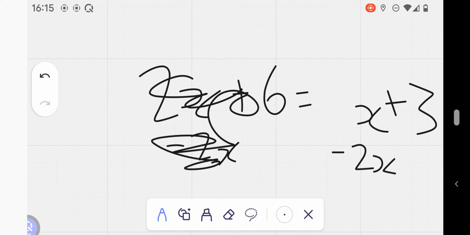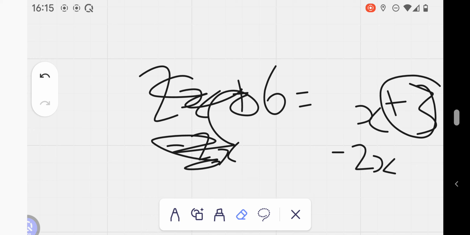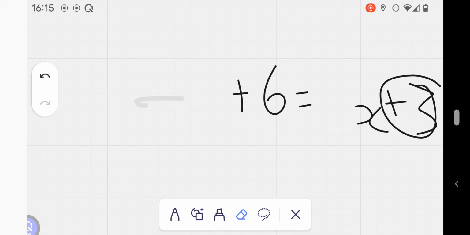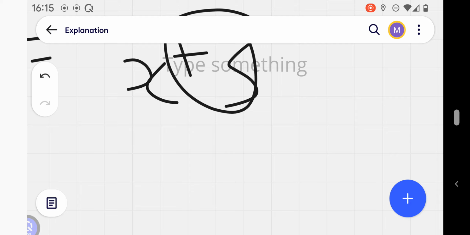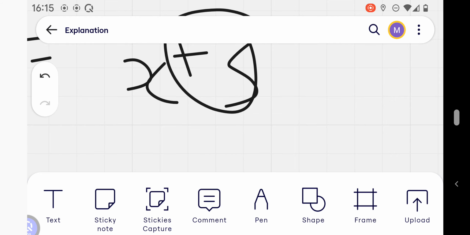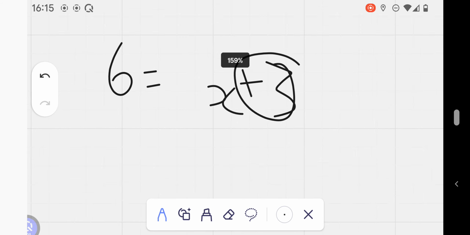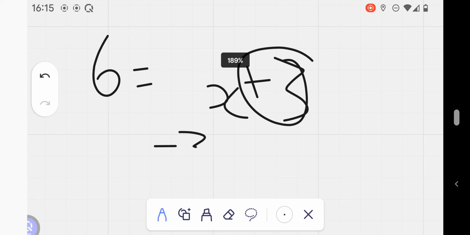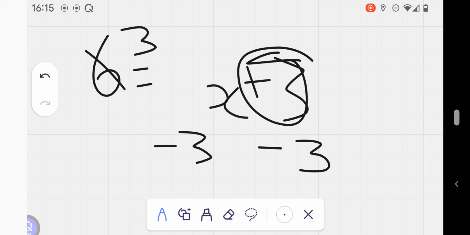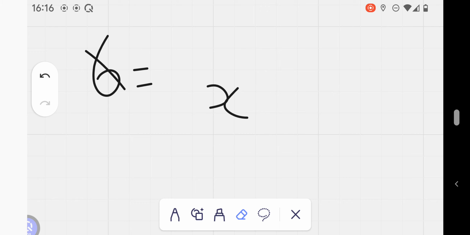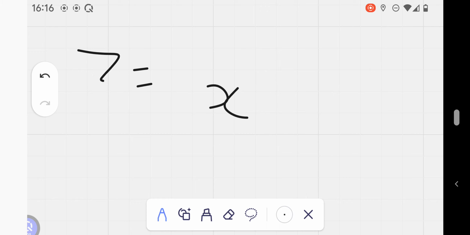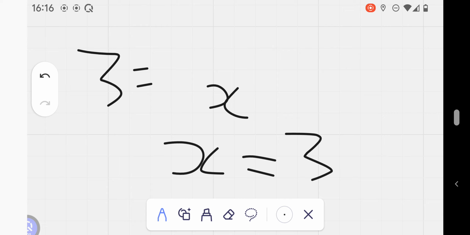Now we need to get rid of the plus 3 on this side. So what do you do? Minus 3 on each side. So that becomes 3, and this cancels out. Now we have 3 equals x, also written as x equals 3. Do you understand?